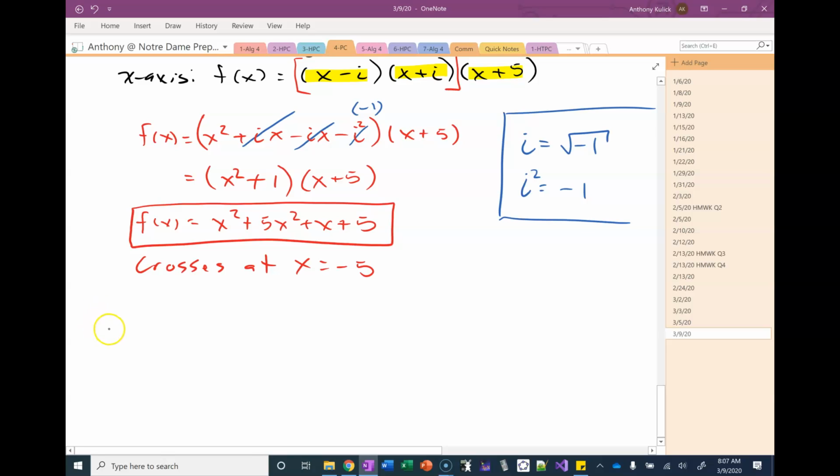Another important theorem is called the complex conjugates theorem.